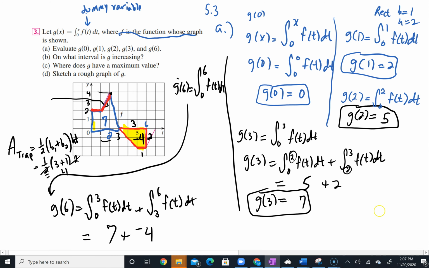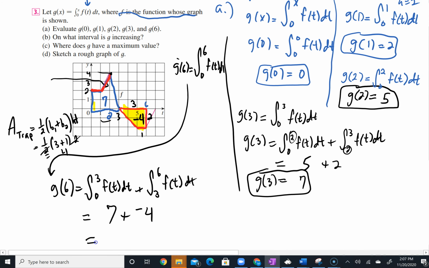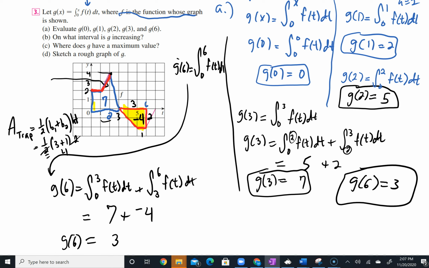Where are we going with this then? Well, plain and simple, 7 plus -4 is just a 3. So we have a bunch of function values. We've got a bunch of points that we could plot on our curve.